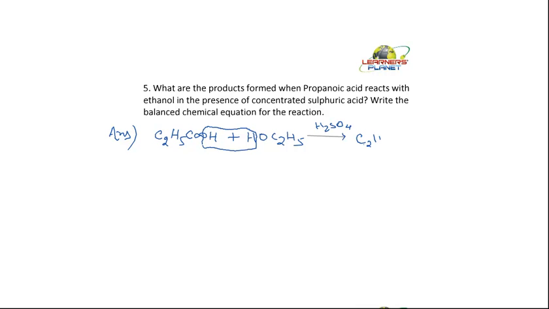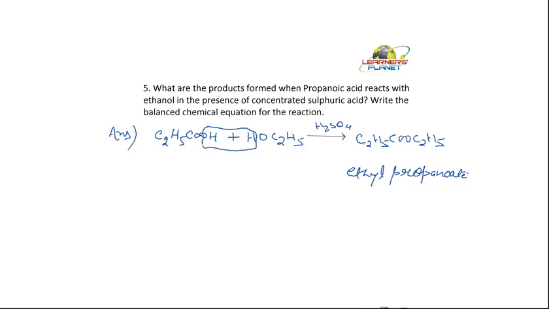So it is H2SO4 and we will get C2H5COOC2H5. That is an ester. The name is ethyl propanoate. Okay, so this is how the reaction goes on.